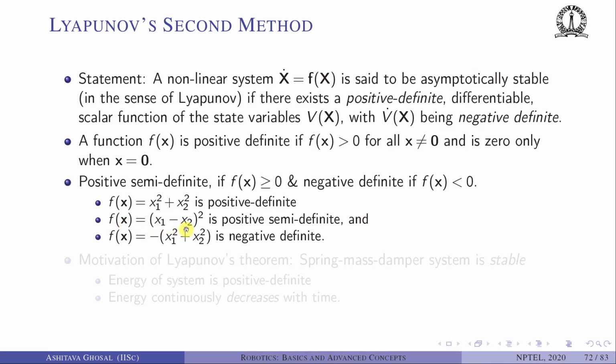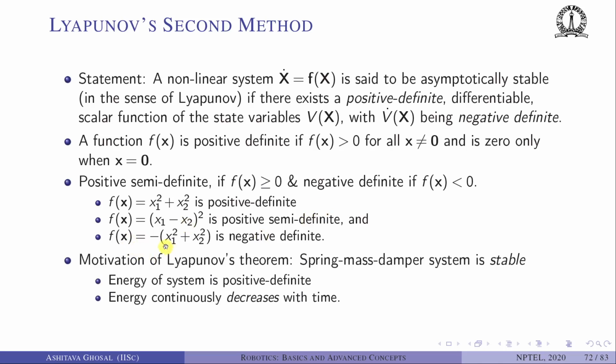F of x equal to (x1 minus x2) whole squared is not positive definite. Why? Because this can become 0 when x1 is equal to x2, not equal to 0. So for example, x1 can be 1 and x2 is also 1. So x is not 0, nevertheless f of x is 0. But these are called positive semi-definite. F of x equal to minus x1 squared minus x2 squared is negative definite.